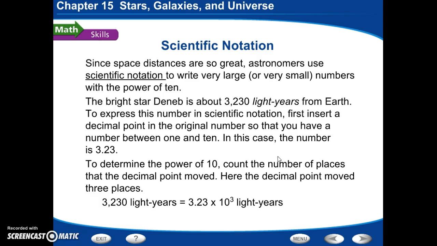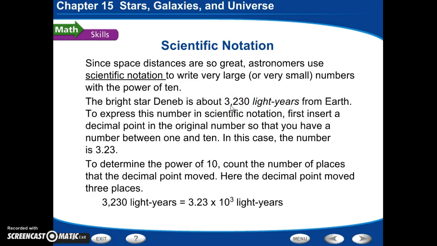Okay, scientific notation. I know it's probably something you guys have dealt with in math, but you need to know this just because the numbers are so big when we talk about astronomy that you have to use scientific notation, otherwise it gets out of control. So if we were talking about going 3,230 light years from Earth, and we want to express that in scientific notation, we are going to insert the decimal point here between the 3 and the 2, and then multiply that by 10 to the 3 because we moved it over 1, 2, 3 spots.